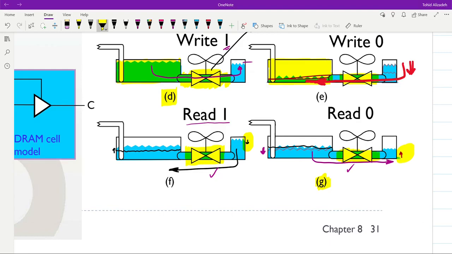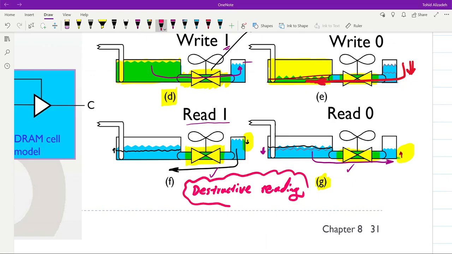That's why this kind of reading is called destructive reading, because we are kind of destroying the stored information, and therefore after reading we would need to restore the information. In order to restore the information after reading, if we know that we have read 1, then we just write 1 into it again. If we have read 0, we write 0 into it again, and we already know how to do it through here.